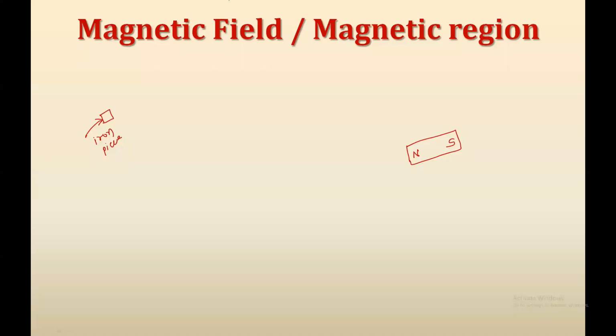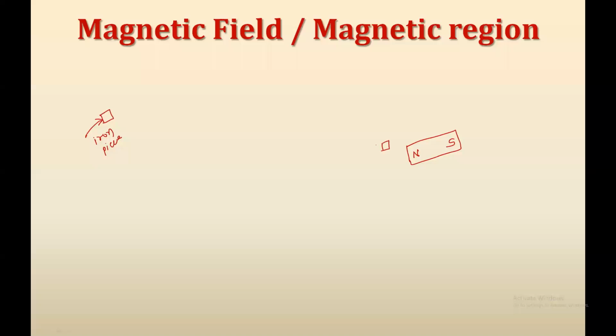Absolutely correct, because the distance is too long, no force exists on the small iron piece. But if this small iron piece is placed near the magnet, now what happens? Definitely a certain force exists.